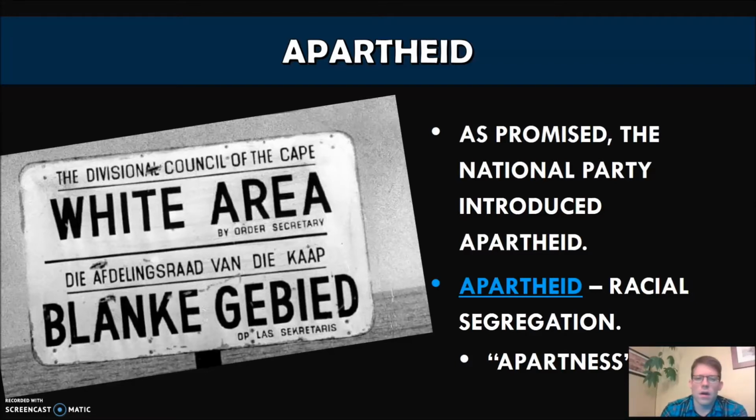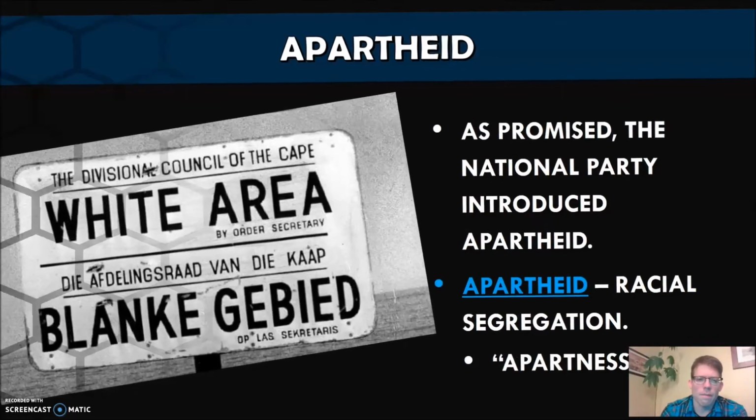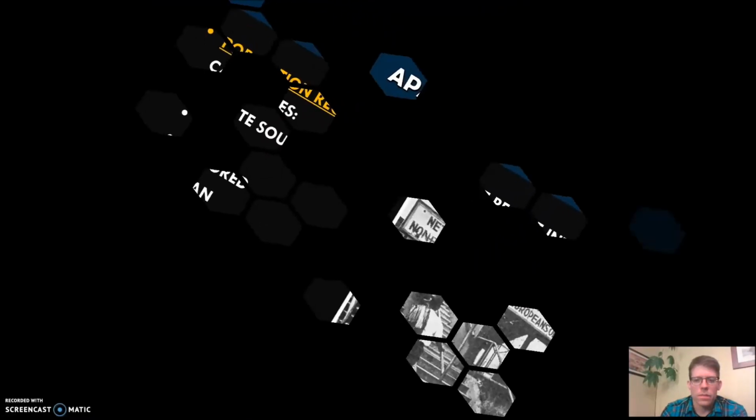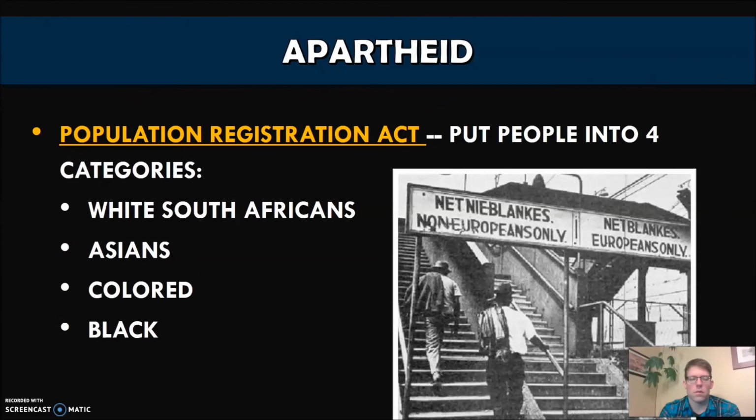So at the side here is a pretty famous sign at one of the beaches. What came next was the Population Registration Act. This put people into four categories: white South Africans, Asians, colored, and black. Colored was the term back then.